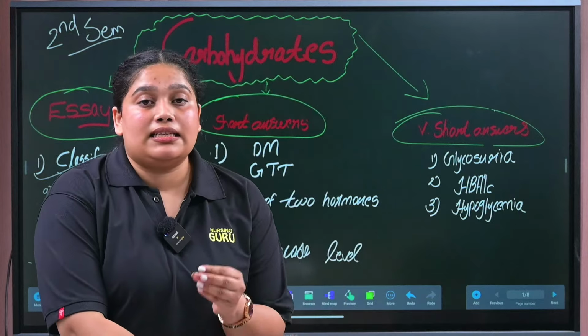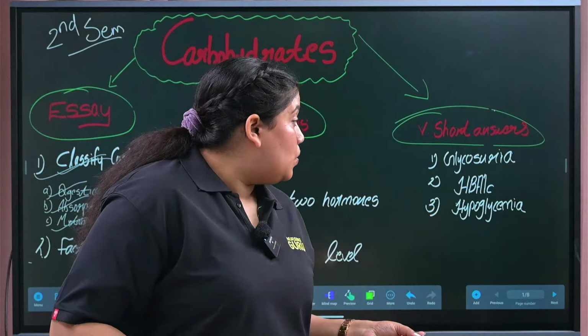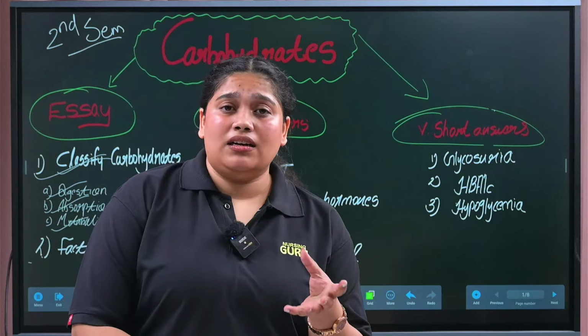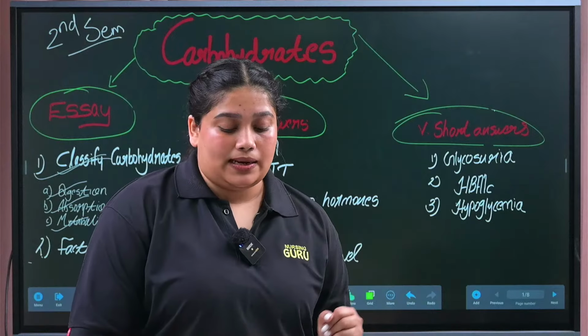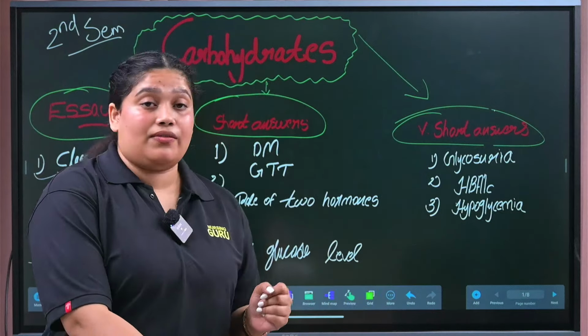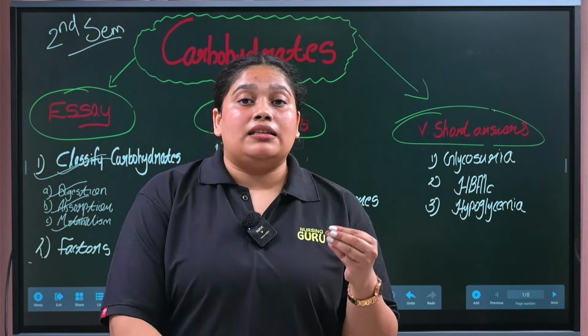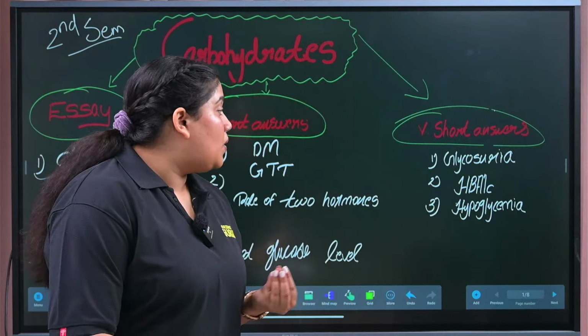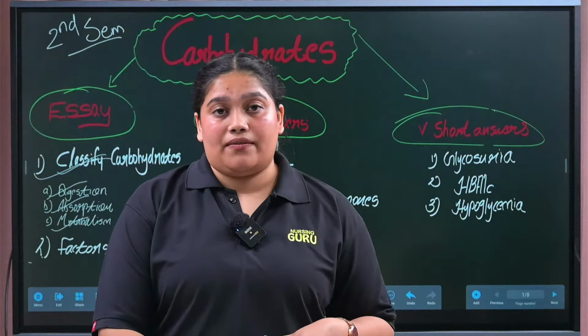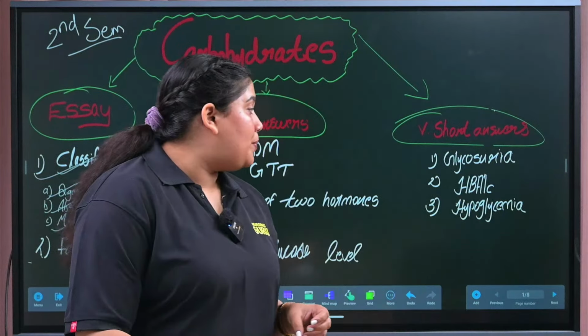Just define glycosuria like that and you will get at least 2 marks from this question. Next one is HbA1c. You have to mention what is HbA1c, and the uses and the treatment, everything for HbA1c.